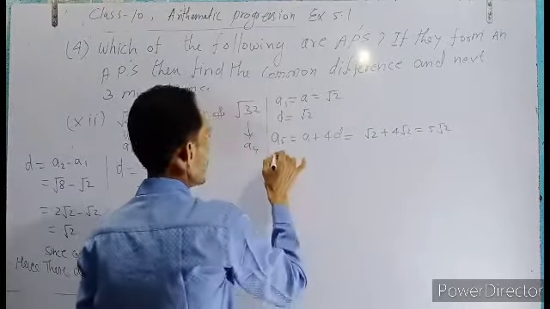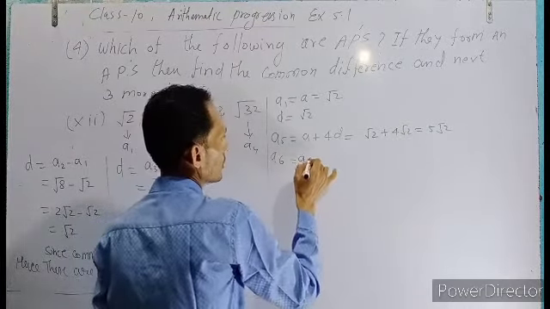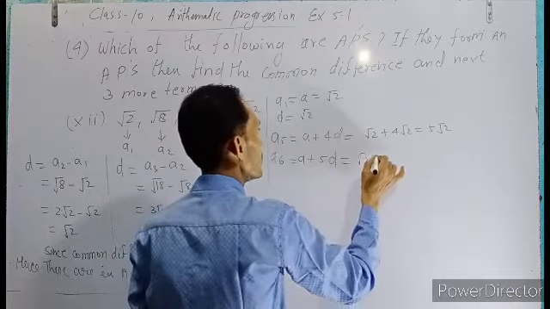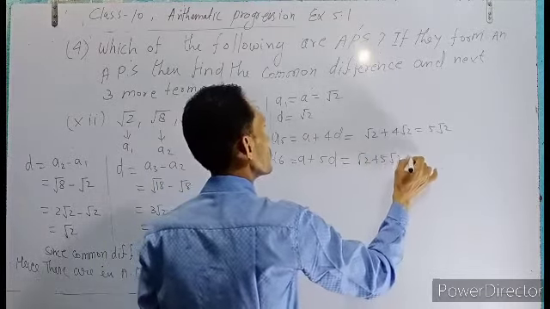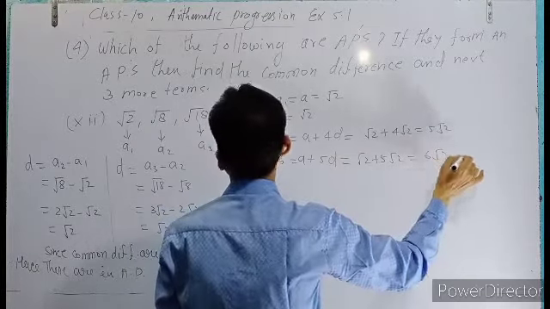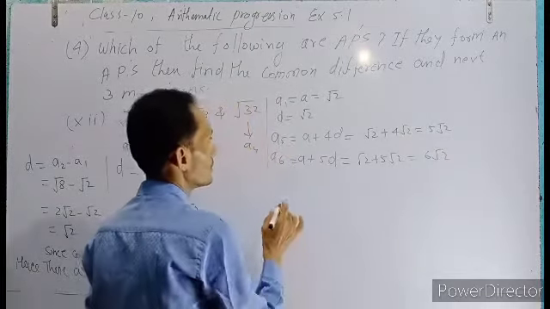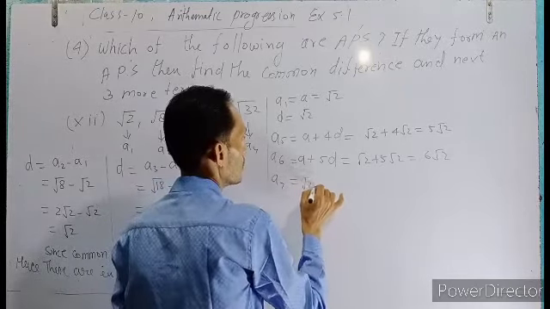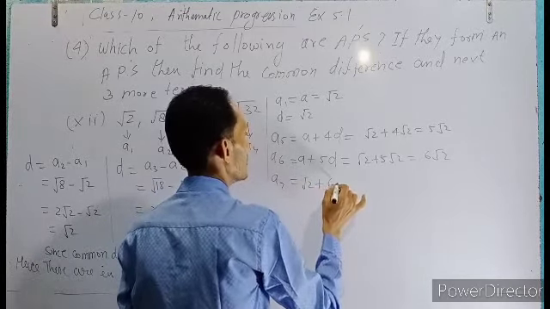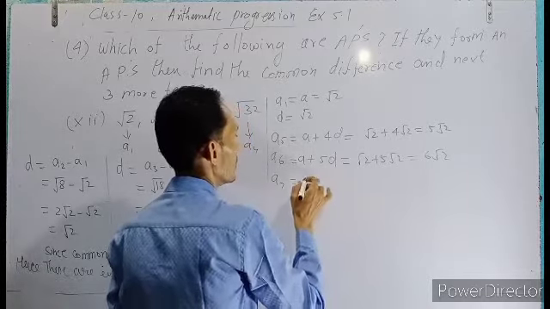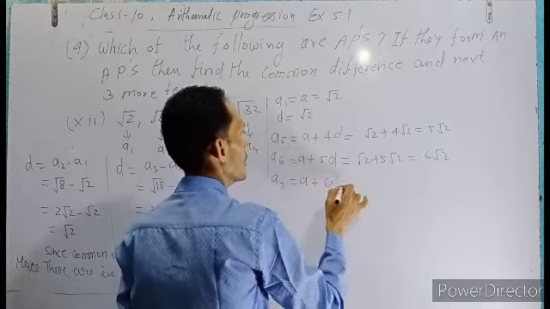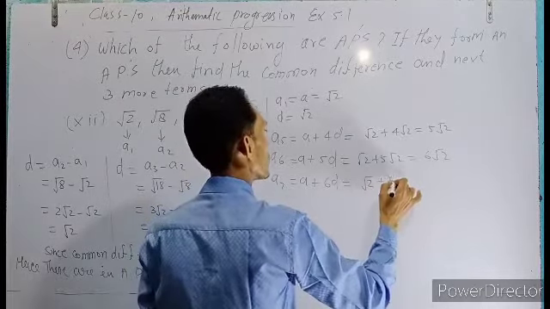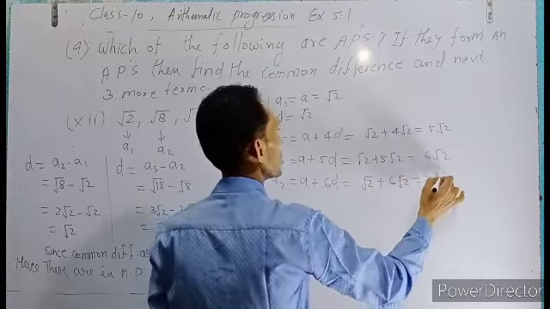A6 means A plus 5D, it means root 2 plus 5 root 2, that is equal to 6 root 2. A7 equals A plus 6D, that is root 2 plus 6 root 2, that is equal to 7 root 2.